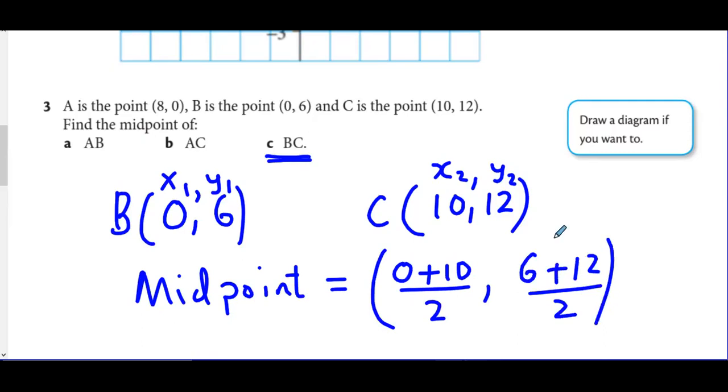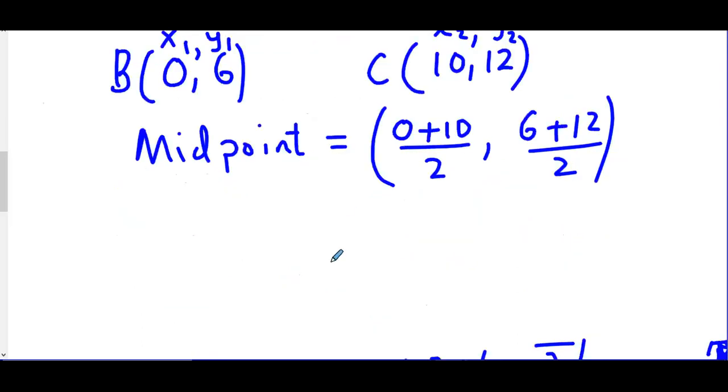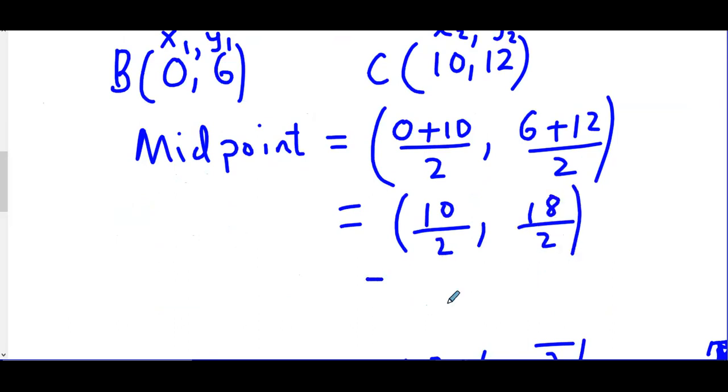I'm going quickly because you already understood in part A as well as in part B. 0 plus 10 is 10, divided by 2. 6 plus 12 is 18, divided by 2. What is the midpoint? The midpoint will be (5, 9).